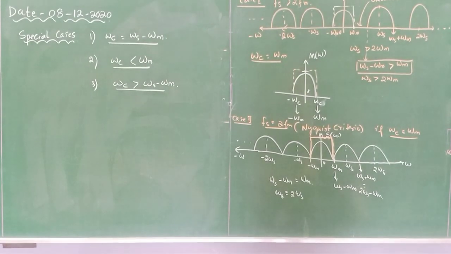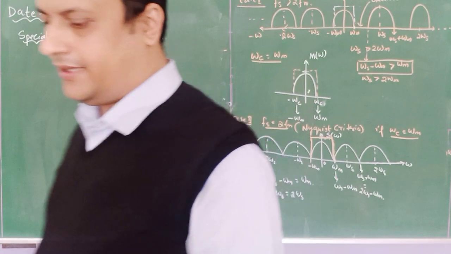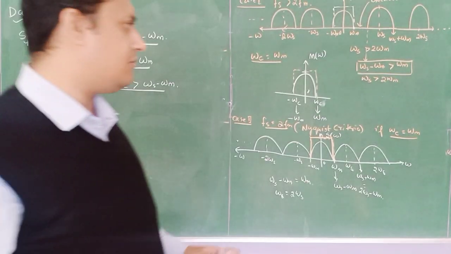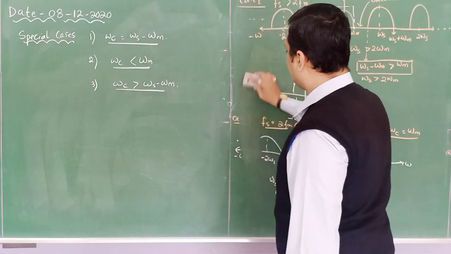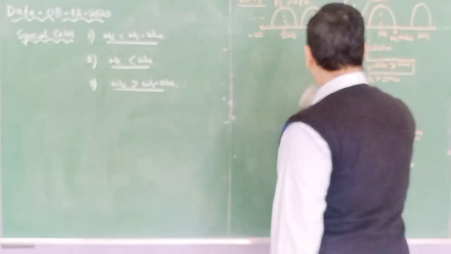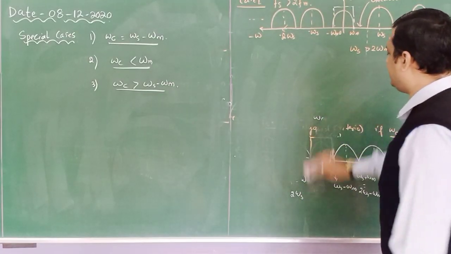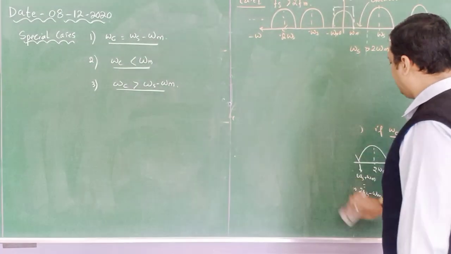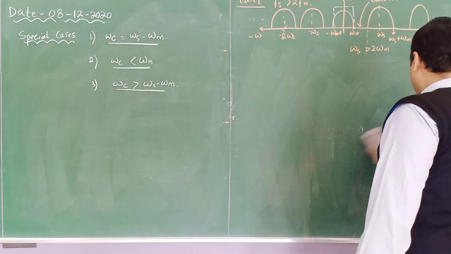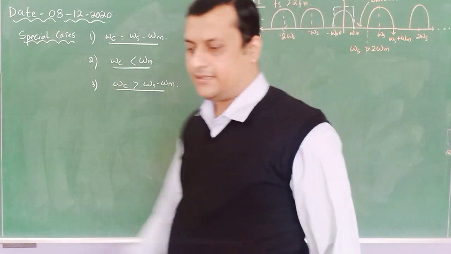Now these are the three special cases. Basically, in the exam we used to be asked about this particular relation. So first, omega c is called the filter response. So let me erase it.